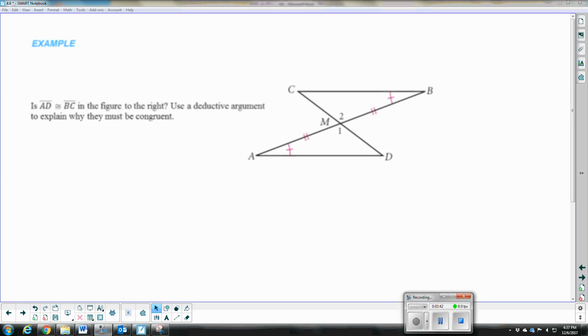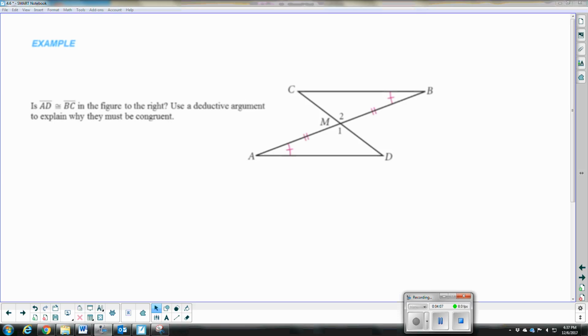Right, so we know angle A is congruent to angle B, that's marked in the figure. We know AM is congruent to BM, that's marked in the figure. And then the third one has angles 1 and 2 marked, but it does not say that they're congruent. Do we know they're congruent, or do we not know that yet?